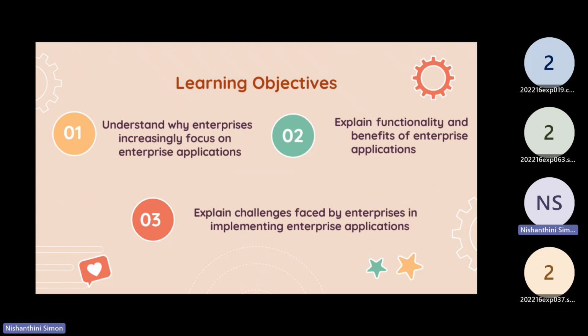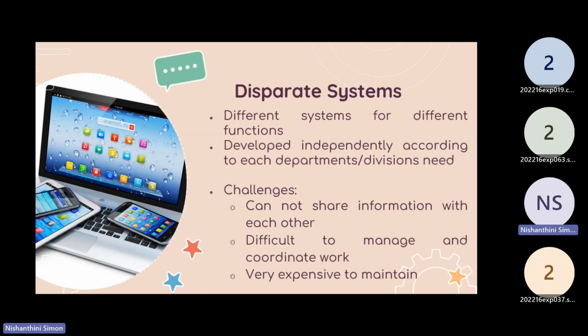So we are going to learn about enterprise applications. Before moving into enterprise applications, let's see what the opposite of that is. When we say enterprise, what would be the opposite system? The opposite of these enterprise applications we refer to as disparate systems.